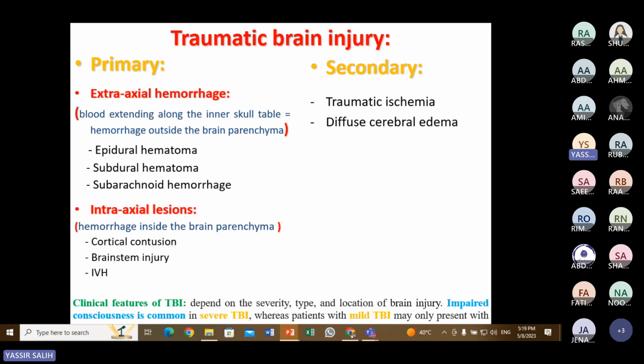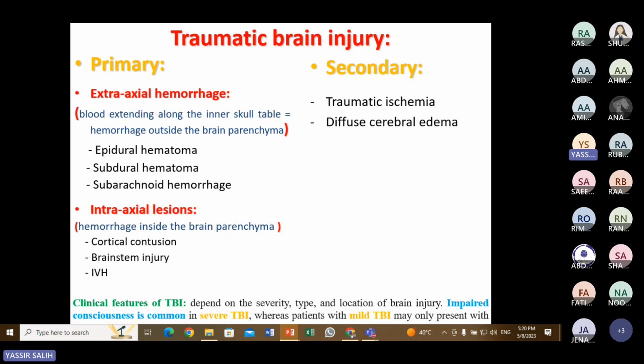If it is severe, the patient may present with complete loss of consciousness, and if it is less, it may present with alteration of consciousness, and also it may present with hemiparesis, hemiplegia, inability to talk, according to the location and types.